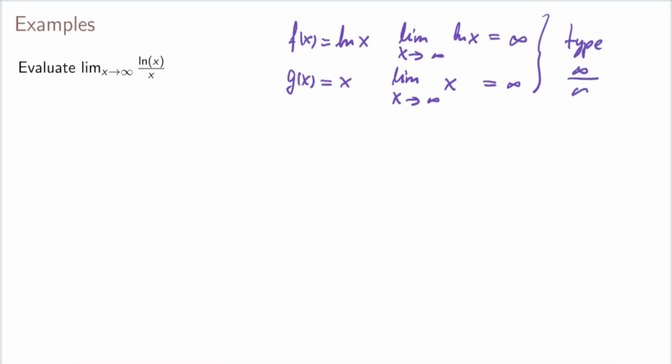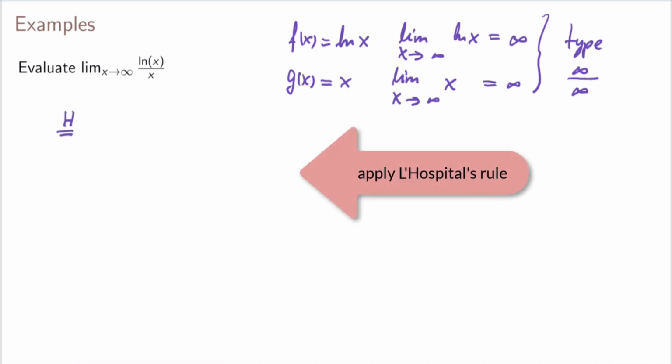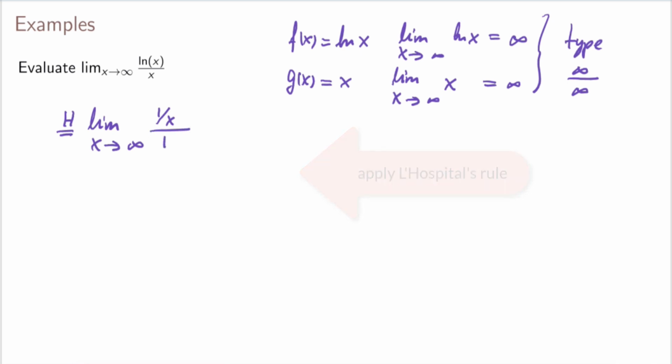Infinity over infinity. Again, this is a case where we can apply L'Hopital. L'Hopital equal limit x goes to infinity. We differentiate the logarithm, which is 1 over x, and we differentiate the x, which is 1. So then this is limit x to infinity, 1 over x, and this is 0, as we all know. Cool, right?